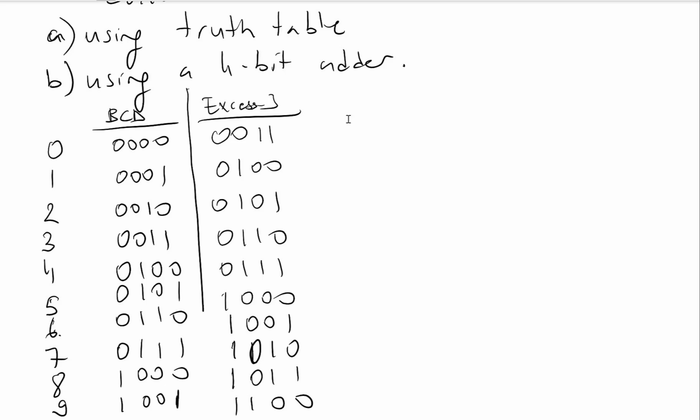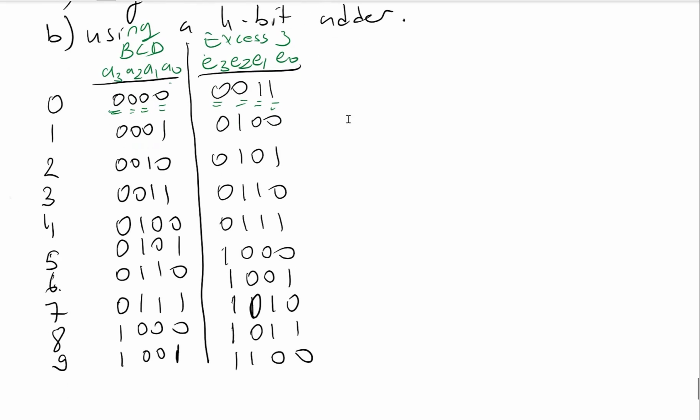So we need to do this conversion, right? In a way I have 4 inputs and 4 outputs. So this is BCD. Let's call this A3, A2, A1, A0. And for the XS3 we will have, let's say, as an output E3, E2, E1 and E0. So I have 4 outputs.